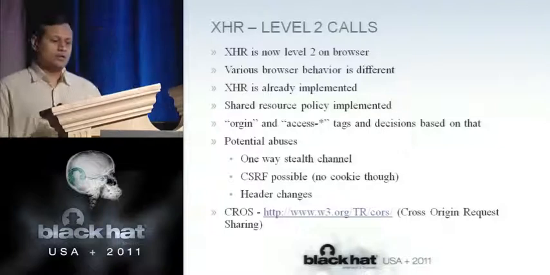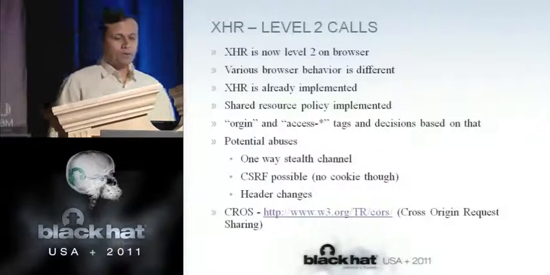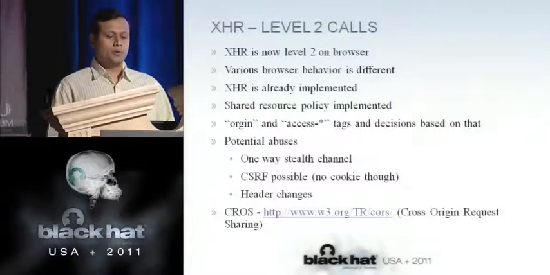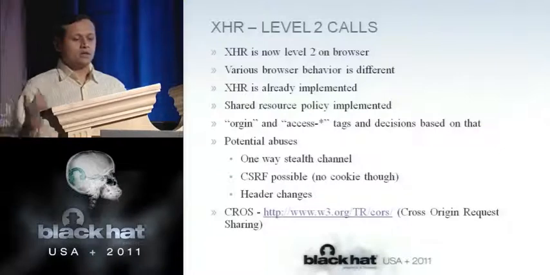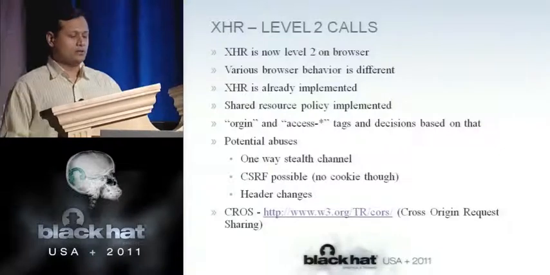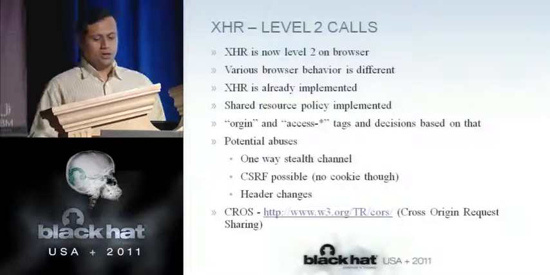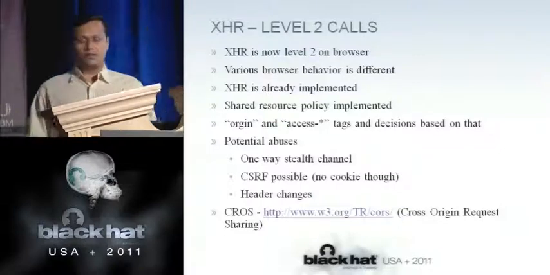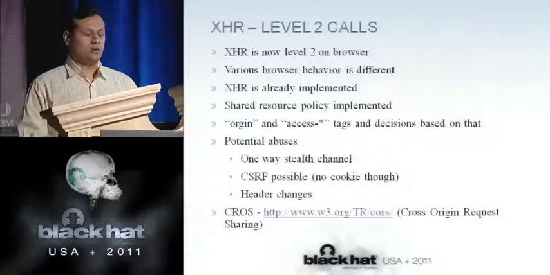XHR level 2 calls are now implemented in all the browsers. Essentially, when it makes a cross-domain call, it will pass another HTTP header, which is called the Origin header. The Origin header, along with some of the access headers, will process your call or reject your call.